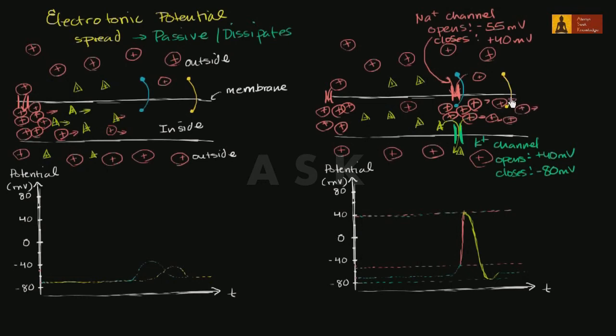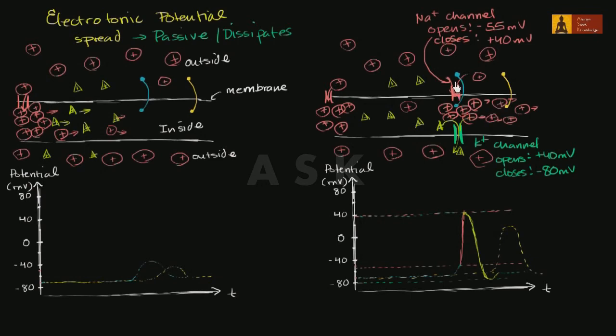If you were to measure the potential difference across the membrane where this yellow voltmeter is, before it had just a little dissipated bump here, but now it's going to have quite a nice bump. And if you actually had another voltage gated channel right over here, then that would boost it again.